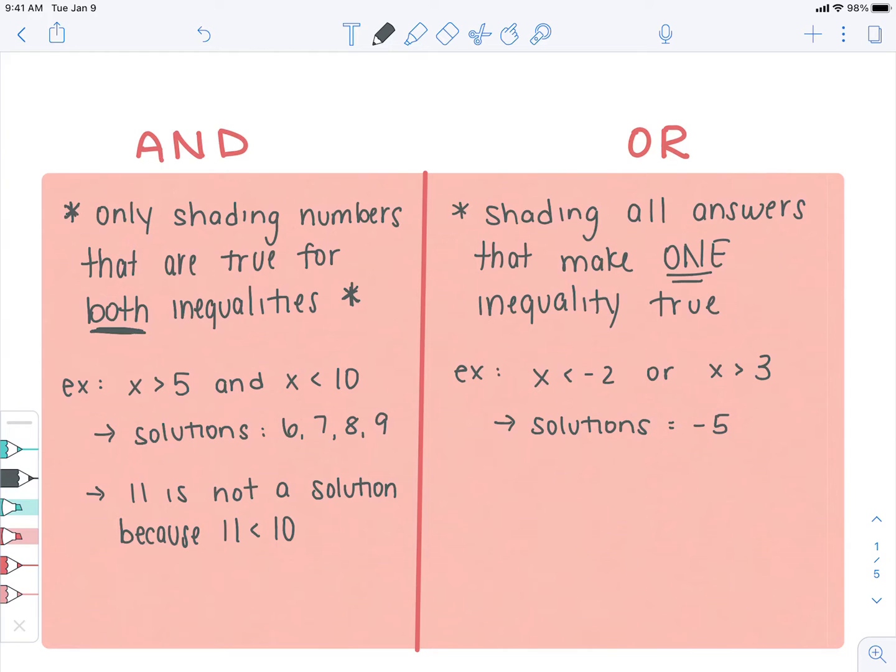I could also have things like regular 5 because 5 is greater than 3. So it only has to apply to one of them. I could have negative 5, negative 6, 10. Smaller than negative 2, bigger than 3 are all good. If it doesn't make either of them true, then it's not a solution.